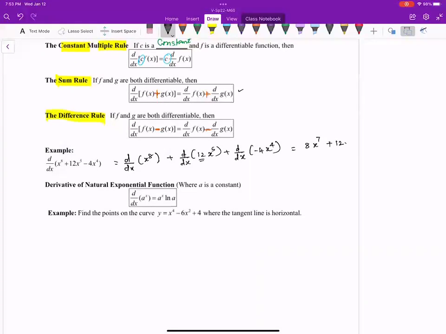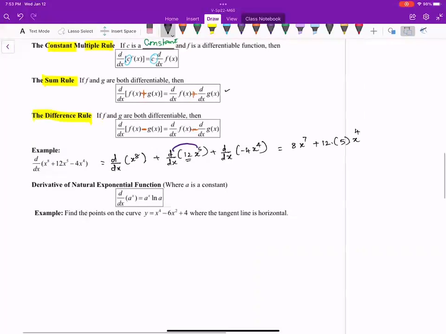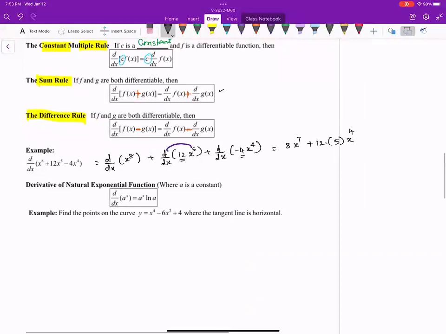Take the derivative of x to the power 5, which is exponent times x to the power exponent minus 1, which is 5x to the power 4. Then negative 4 is a constant which can be pulled out of the derivative.